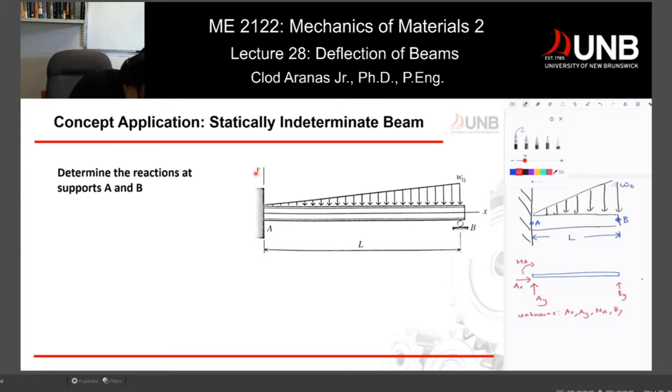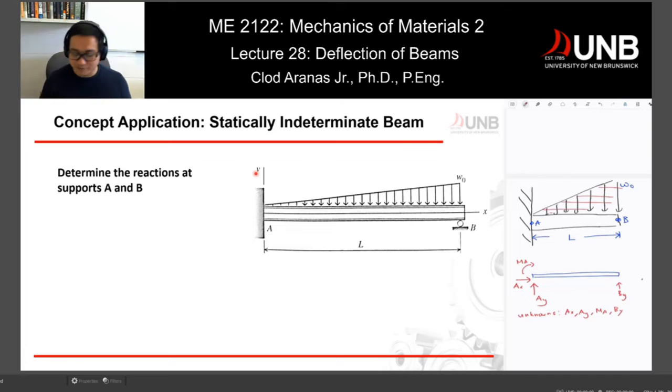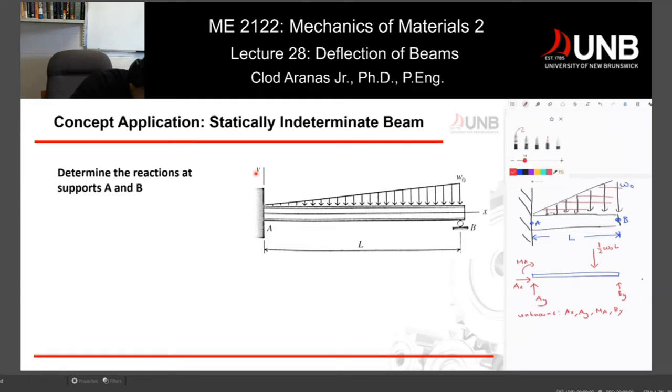So if we are going to simplify this triangular force right here so that we can calculate the support reaction, this will be applying a force of 1/2, so that's the area of that triangle. So 1/2 W naught L. So it's applied 1/3 from this side. So if this is 2/3 L, I'll change the color so it's more visible.